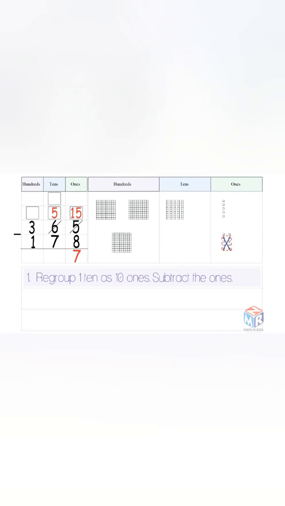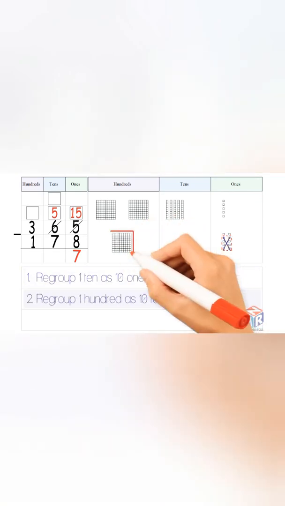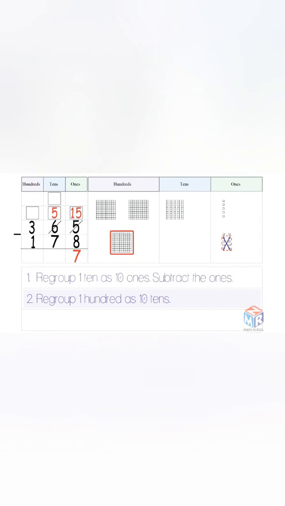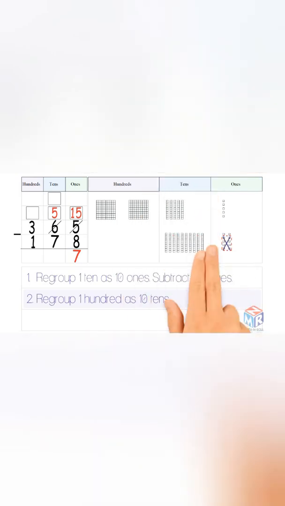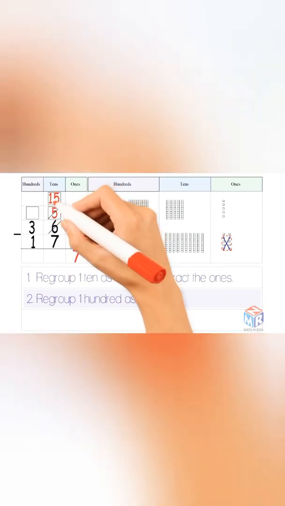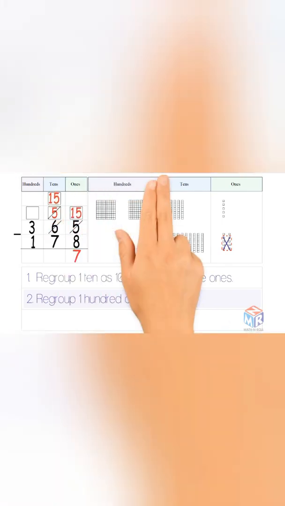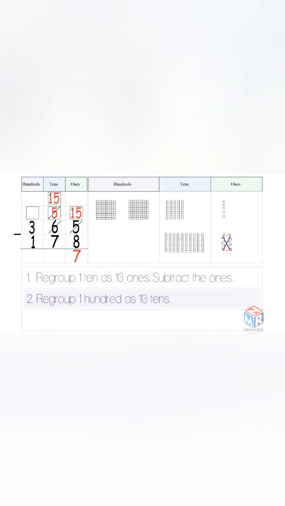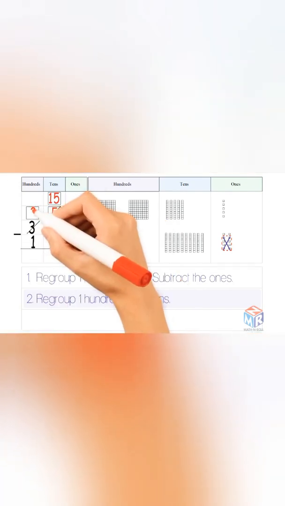Do you have enough tens to subtract 7 from 5? No. So we regroup 1 hundred as 10 tens. Now we have 15 tens and 2 hundreds.